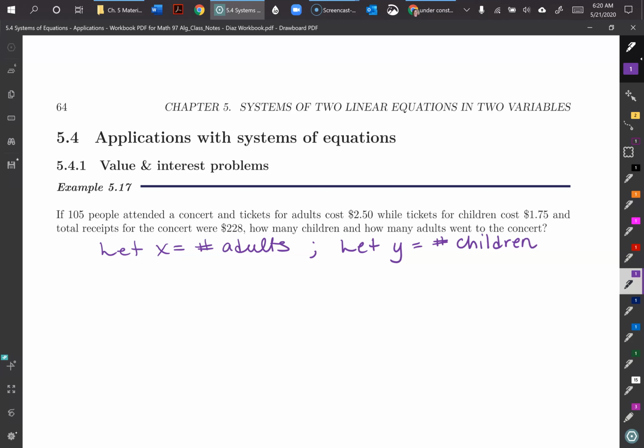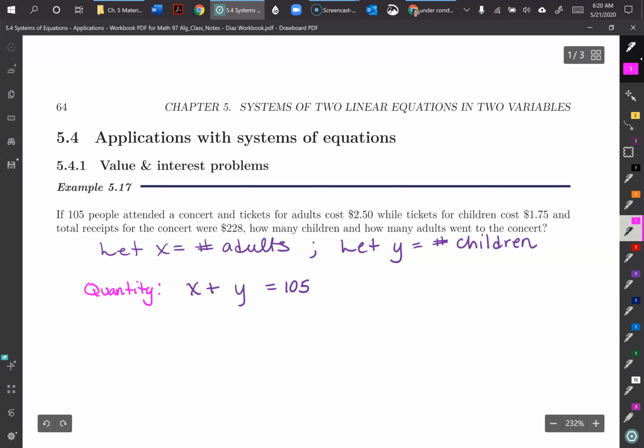So this is a quantity and value type problem. So we're going to set it up the same way we've done before. So we'll have quantity represented by X plus Y equals 105. So that's my totals.